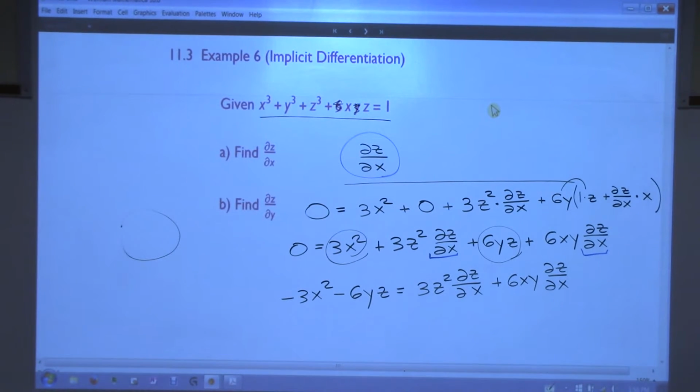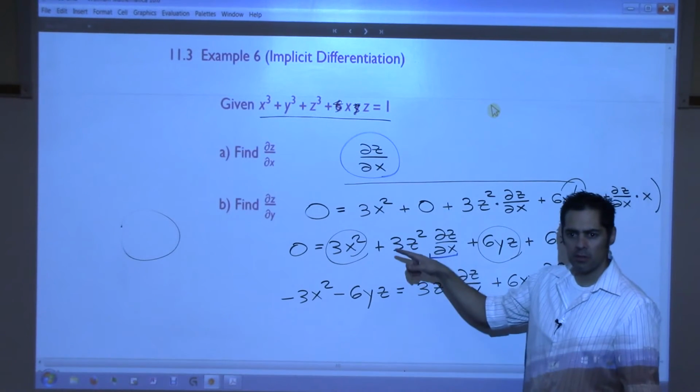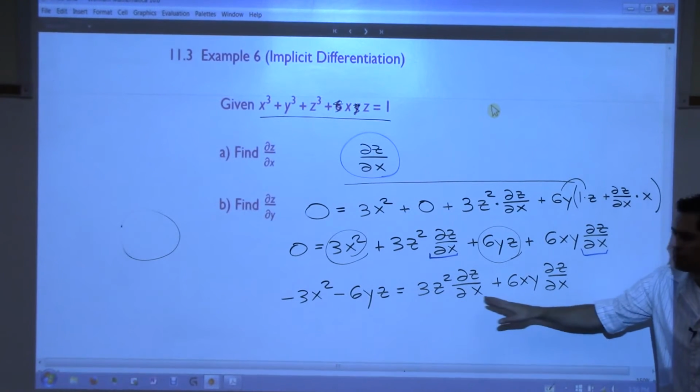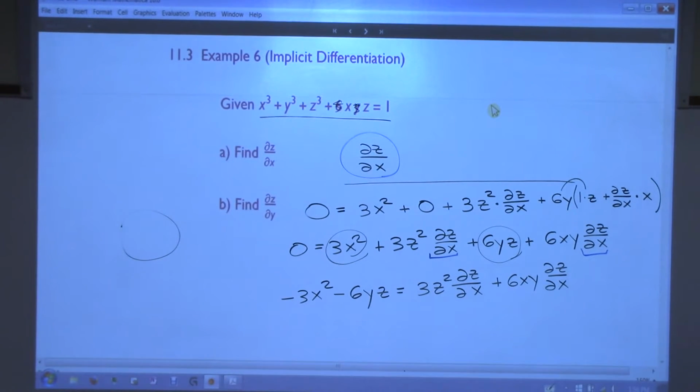Why did I do that? Why did I move the stuff that didn't have the partials over? So I could factor out, right? I'm going to factor out a partial z with respect to x out of both of those.